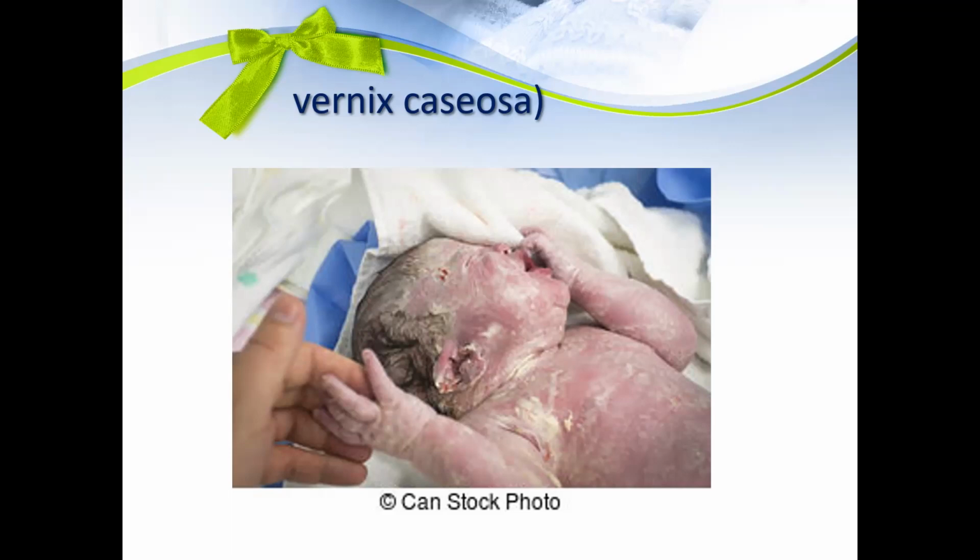Kind of looks like cheese. All right, and it protects the skin of the baby. It's formed by secretions from the baby's oil glands. And we don't remove it. It will be absorbed into the skin, okay?